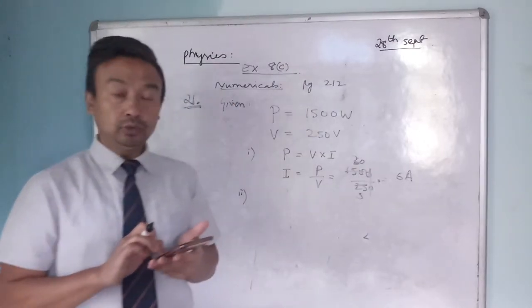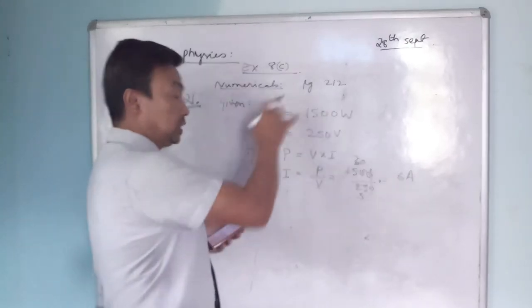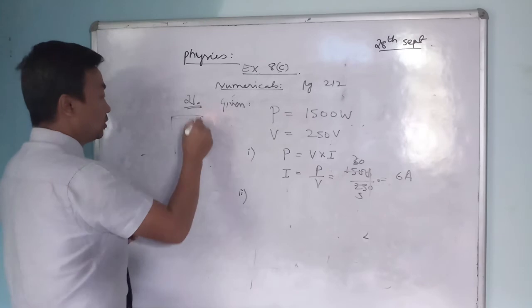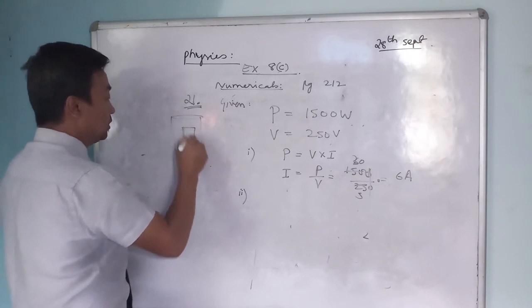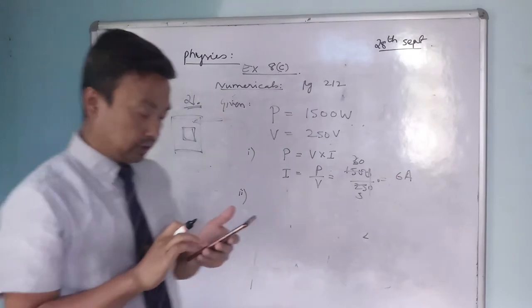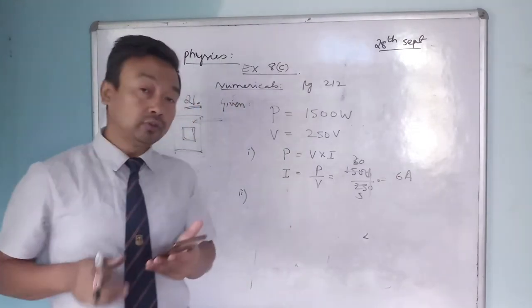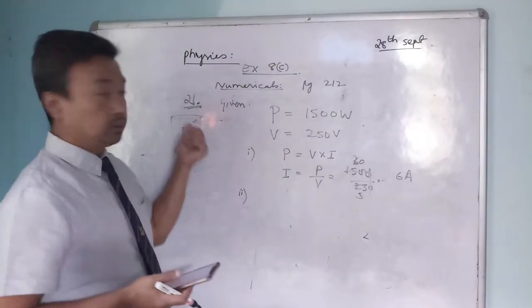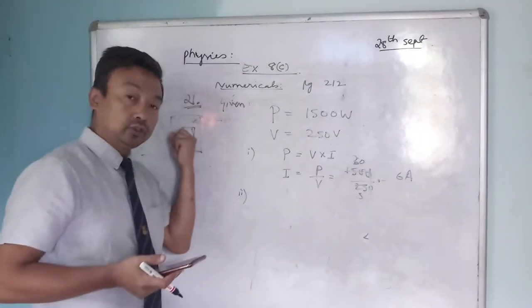The energy consumed in 50 hours. Suppose this is the geyser, the power is supplied here, and the current is flowing into it. If it is kept on for 50 hours, almost 2 days, continuously, how much energy is consumed?